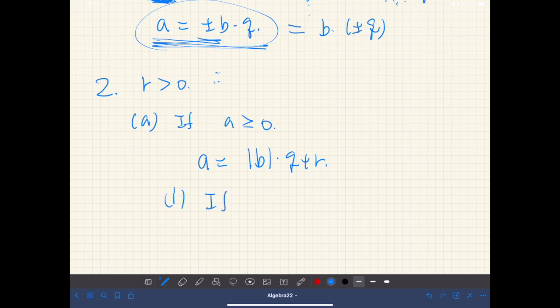If b is non-negative, then we have a, so get rid of this modulus. Since b is non-negative, we have just b. So the claim is true.